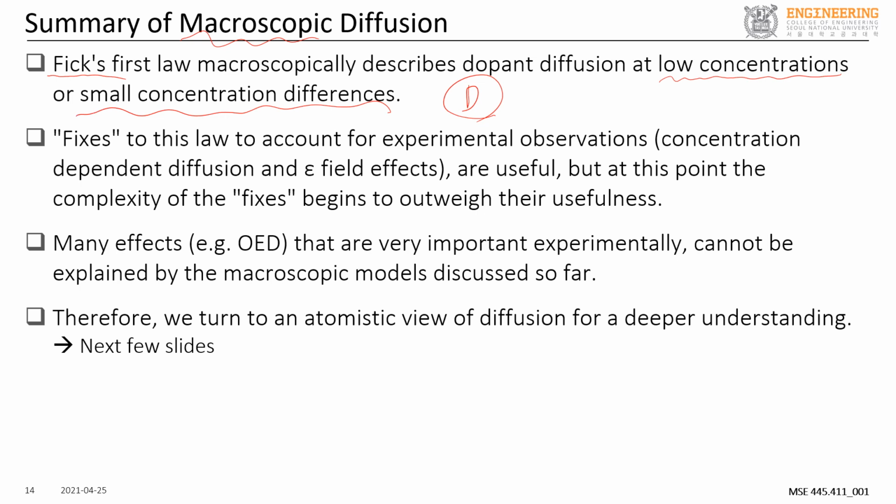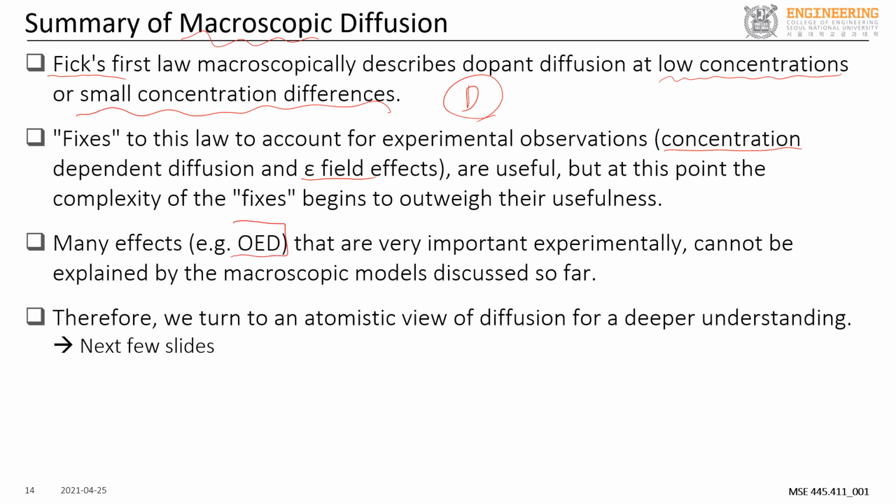But we want to include the secondary effects. So the diffusivity will depend on the concentration and the E field. So that's the importance of the secondary effects. That's why we discussed it.